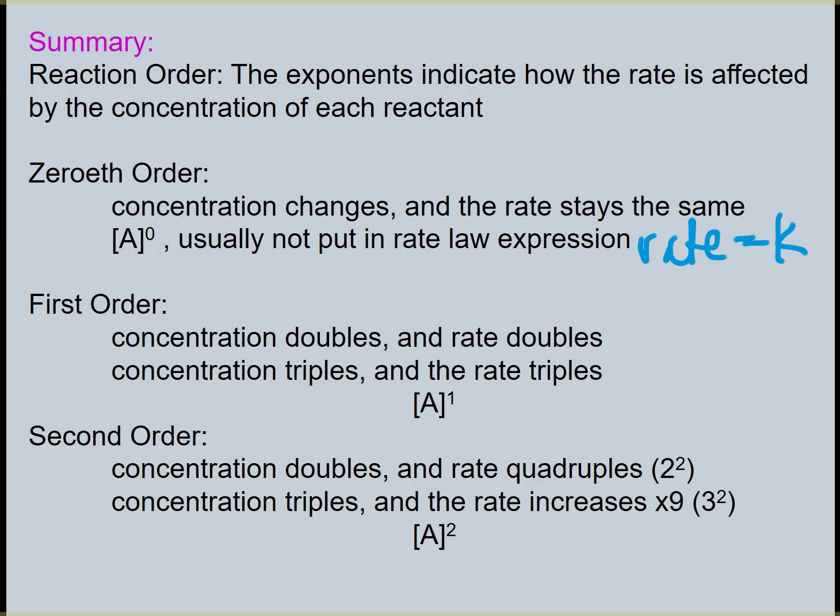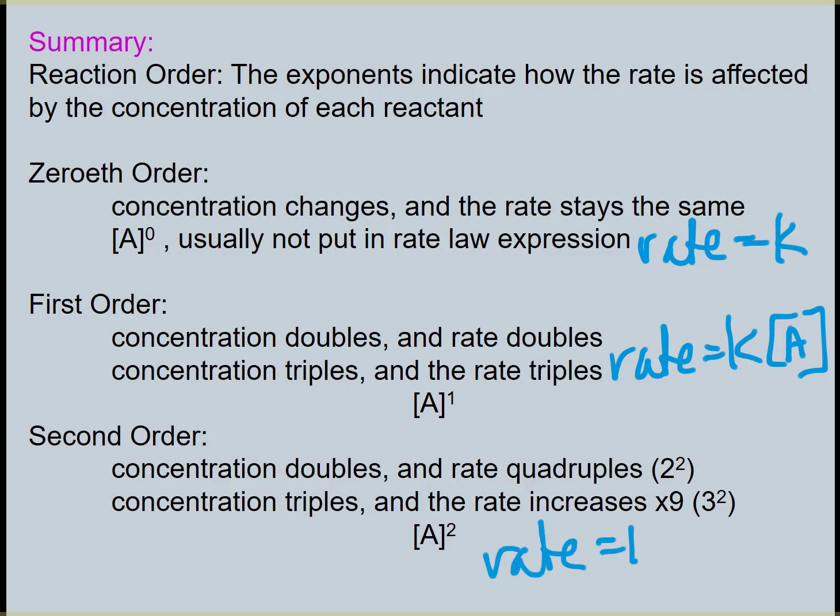In a first order reaction, if the concentration doubles, then the rate doubles. If the concentration triples, then the rate triples. So you would write it as rate equals the rate law constant times whatever the concentration is. In a second order reaction, if the concentration doubles, the rate quadruples. If the concentration triples, the rate increases by 9 times, and you write it with the total of your exponents equaling 2.